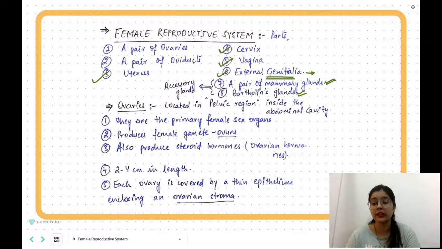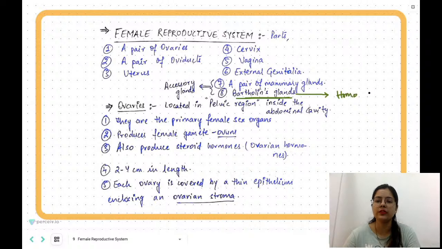Now about the Bartholin gland, let me tell you about Bartholin glands over here. Bartholin gland is one such gland which is considered to be homologous to the bulbourethral gland. It is equivalent in function, you can say.